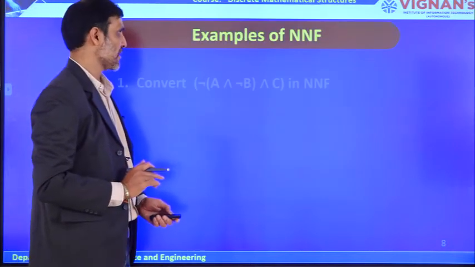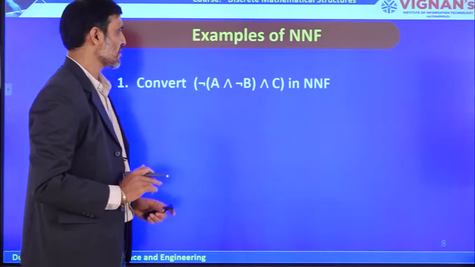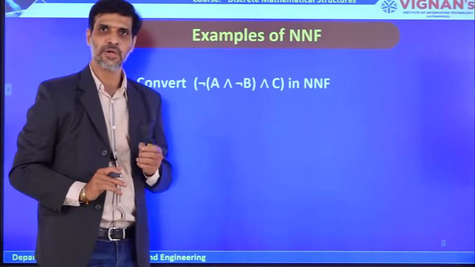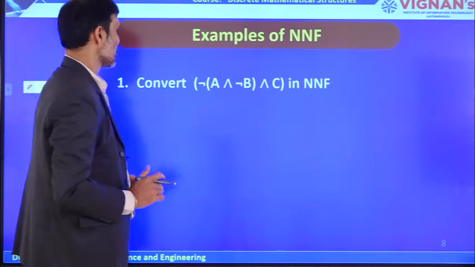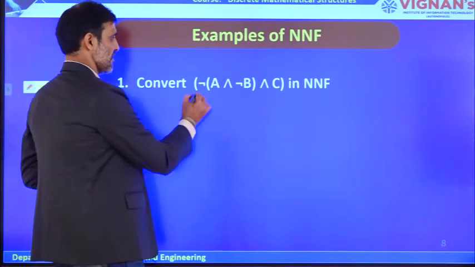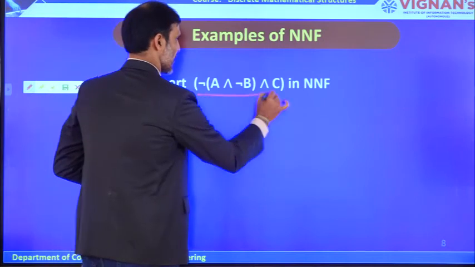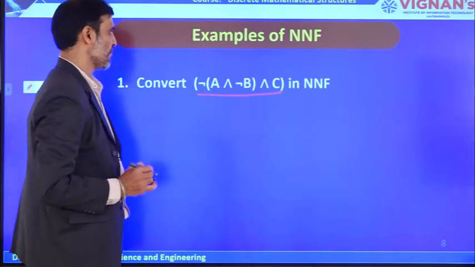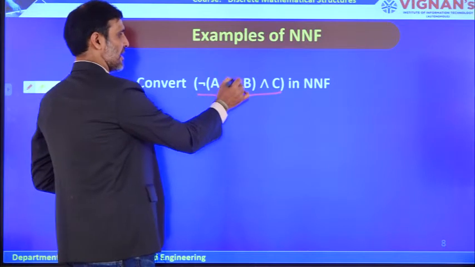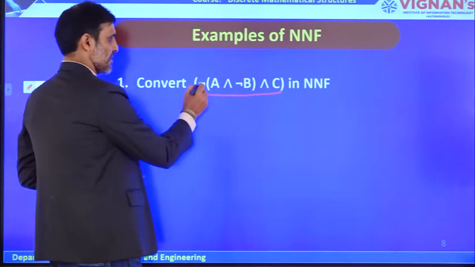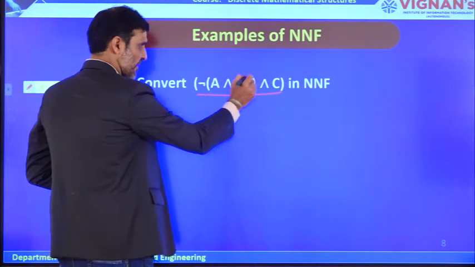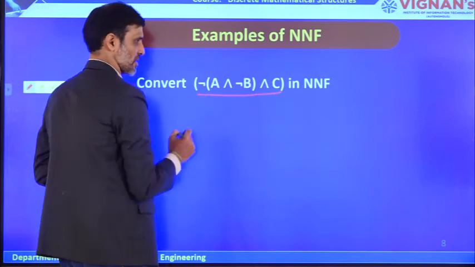So, examples of NNF. Let us try to convert this particular sentence into NNF. The sentence given is ¬(A ∧ ¬B ∧ C). If you observe, this negation appears in front of this particular compound proposition.